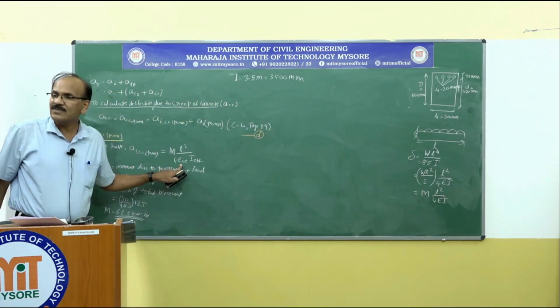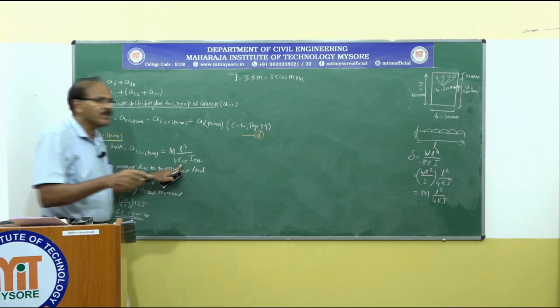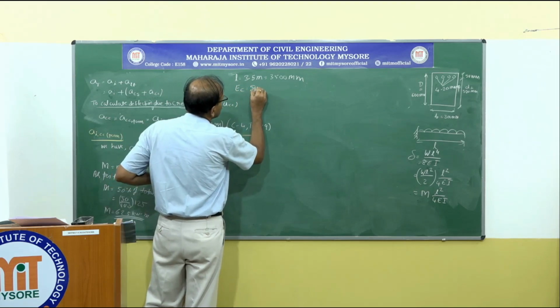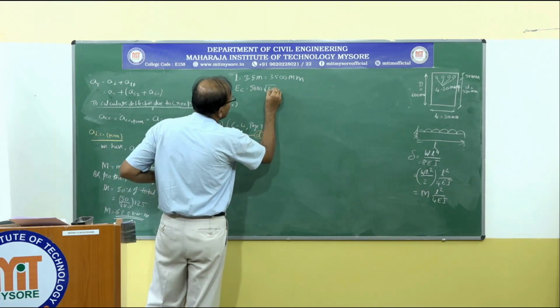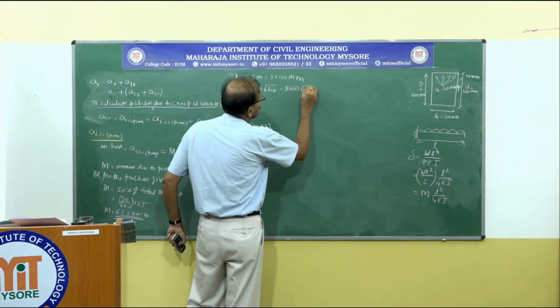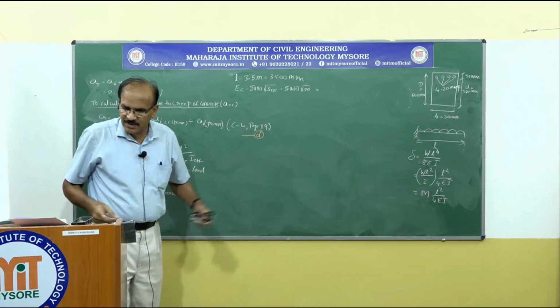Next, what is ECE? Before finding ECE, first thing I am going to do is find out EC. EC equal to 5,000 root fck, that is equal to 5,000 root 20. So that is already calculated in the previous step.